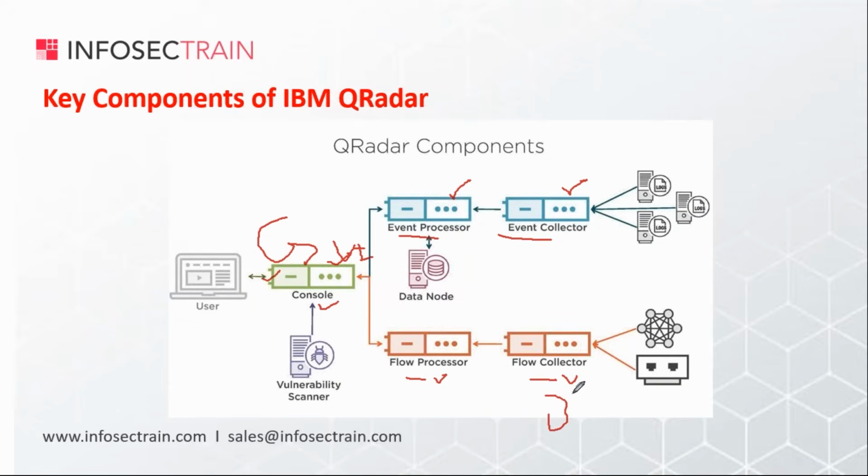Apart from it, it has its own flow collector, which is QFlow, from where it can collect the network traffic from network devices. And even for virtual environments, it has vFlow, where it can collect the network traffic from your virtual networks as well. So network flows are collected from third-party network devices and are onboarded to your IBM QRadar via the flow collector.